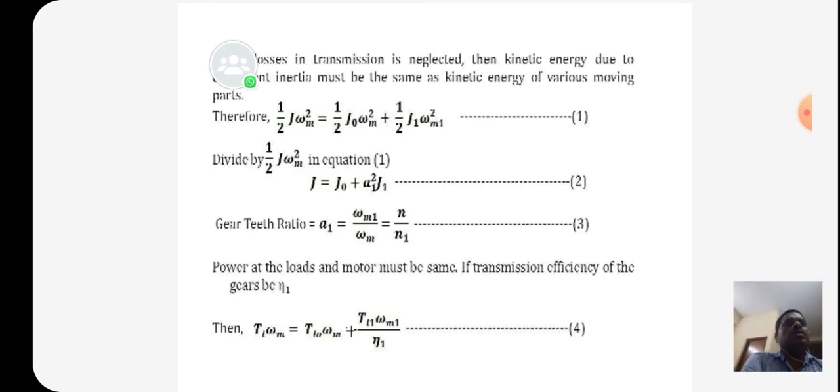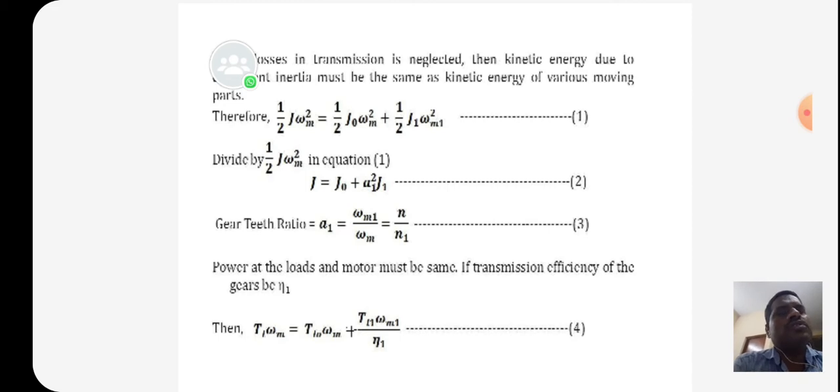Now here is a condition: the direct load power is greater than the gear load power.